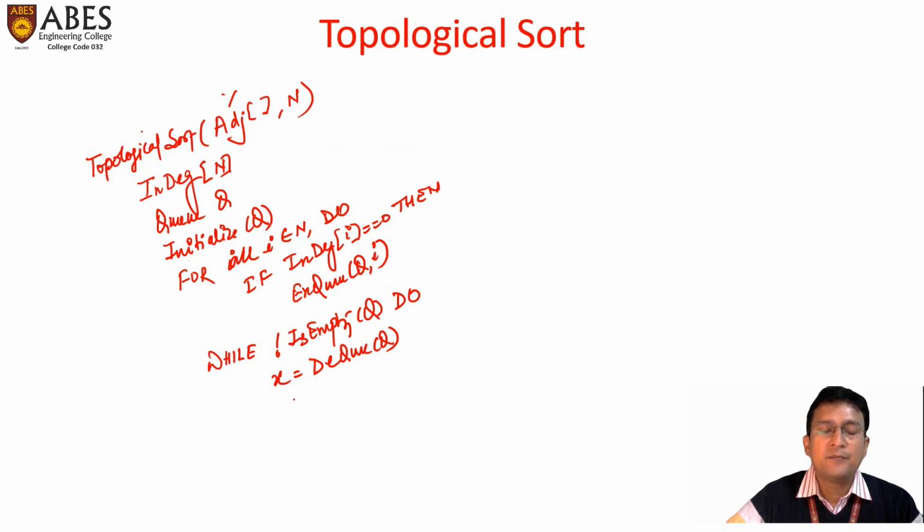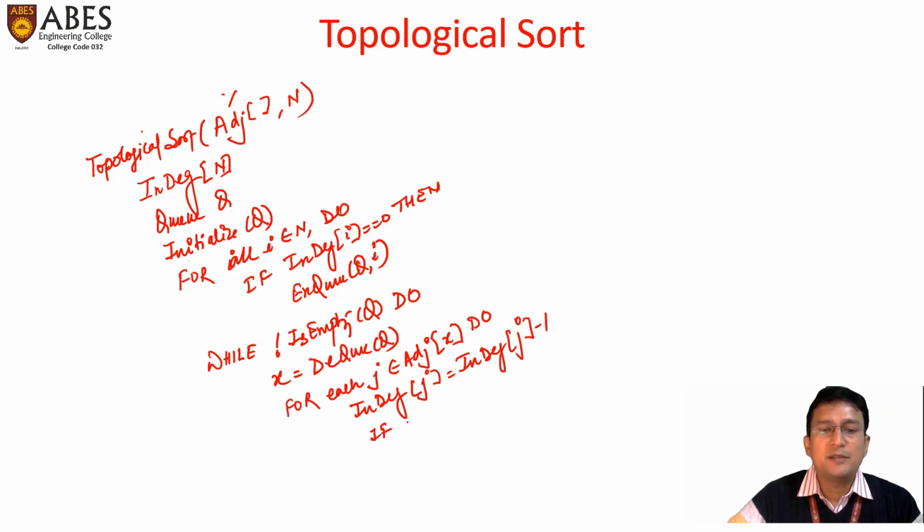Let's say that element is X. We'll now look at all the connections which are from X. So for each J that is adjacent to vertex number X, you should reduce the in degree of this vertex J by 1. So in degree of J is equal to in degree of J minus 1. If in this process, the in degree of the given vertex J becomes 0, then you should include this vertex in the queue. So you should enqueue this vertex in the queue.